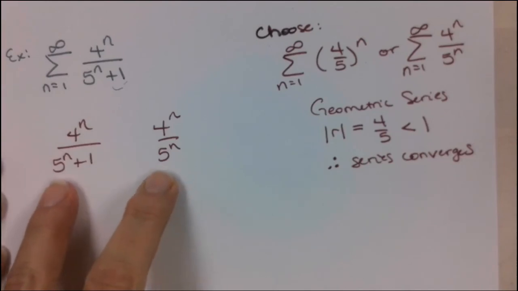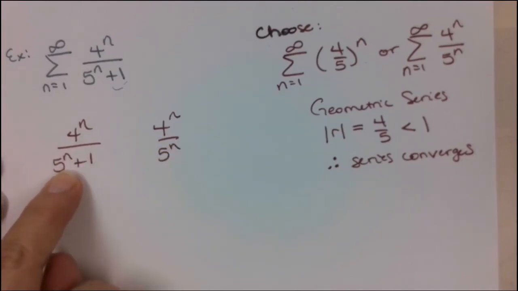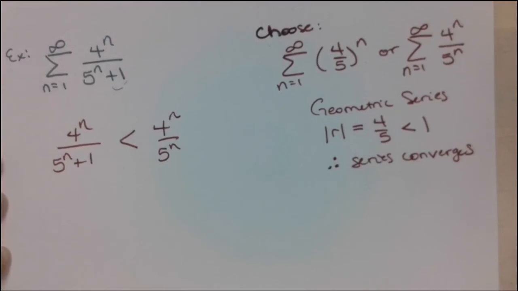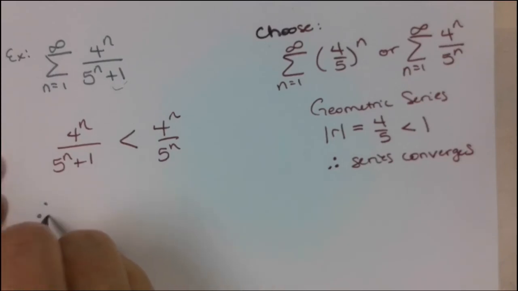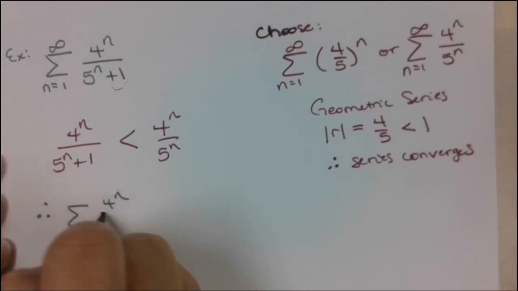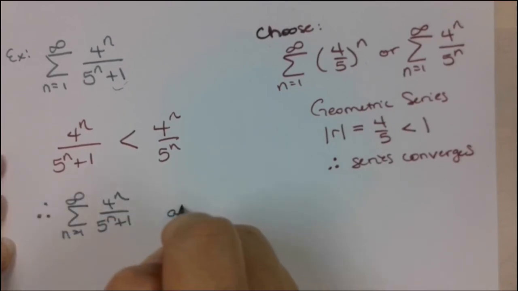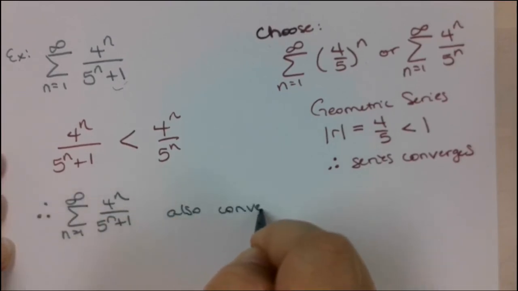And I can see here my numerators are the same. My denominators, the series of interest has a denominator that's larger, which means the fraction is smaller. And so it is, in fact, less than the known series, and therefore our series of interest also converges.